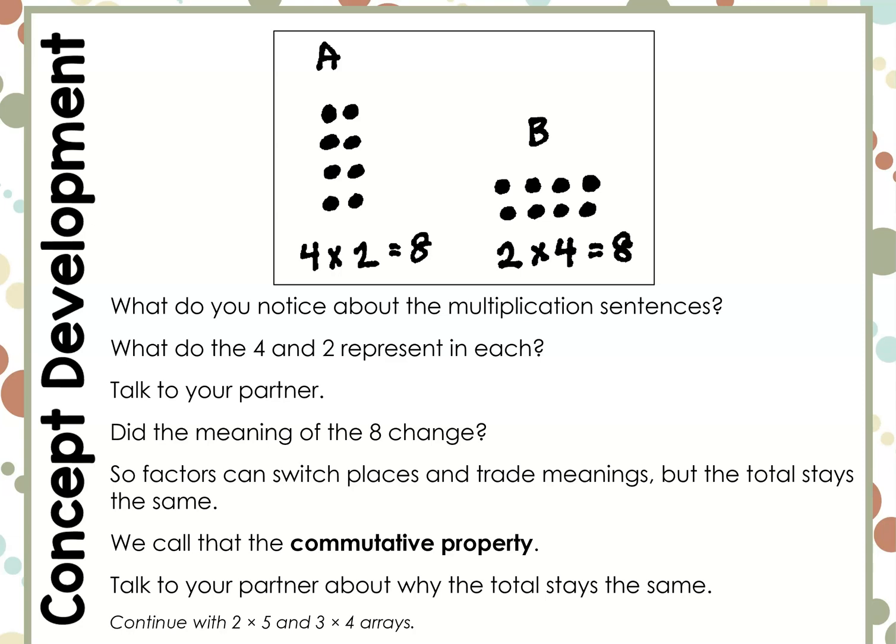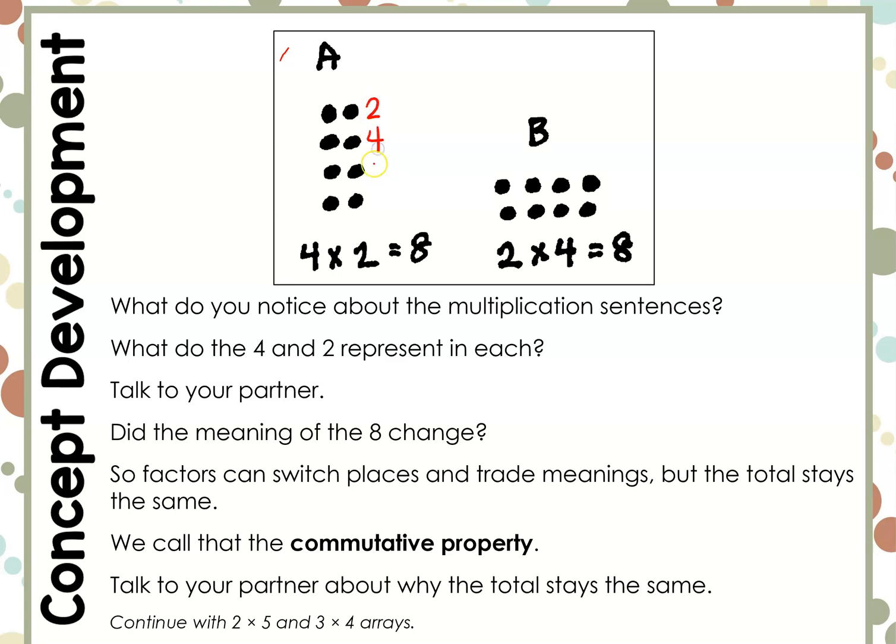Well, let's talk about that. In array A, the 4 represents the number of rows, or the number of groups, because if we look, there's 1, 2, 3, 4 rows. What does the number 2 represent? Well, the 2 represents how many are in each row.